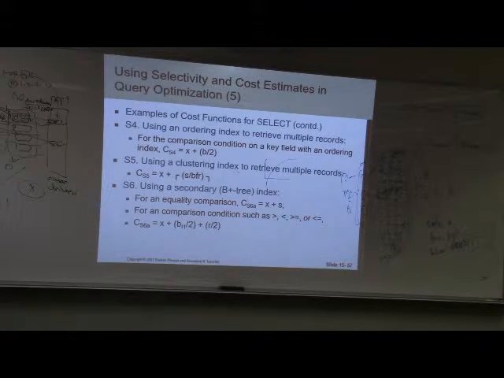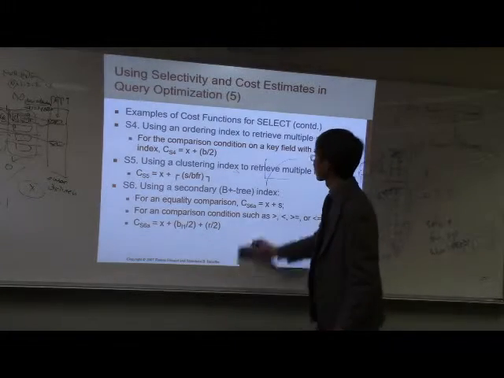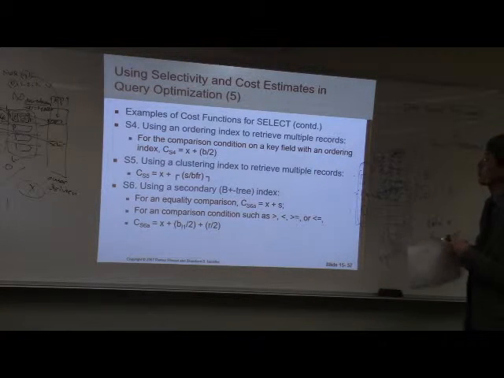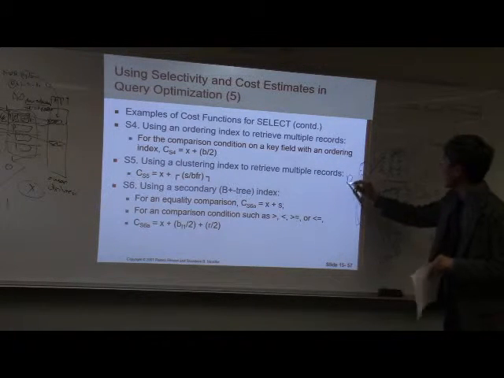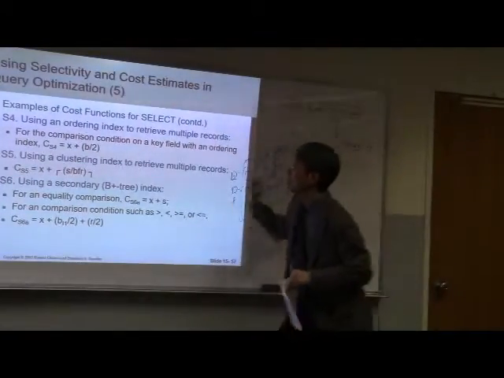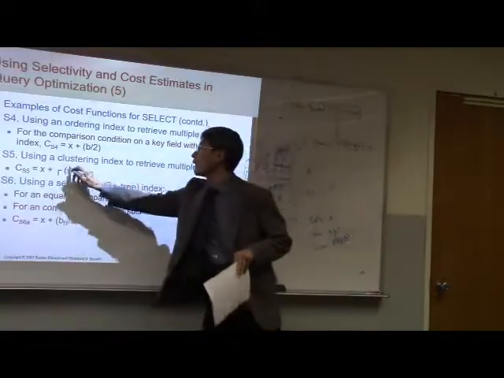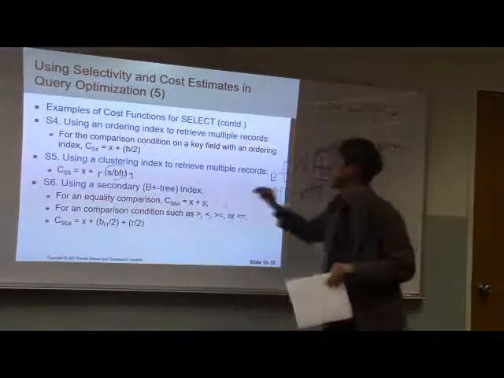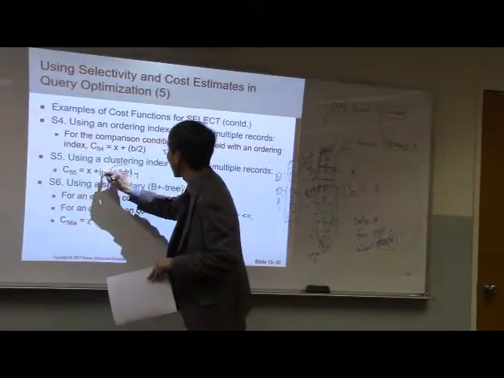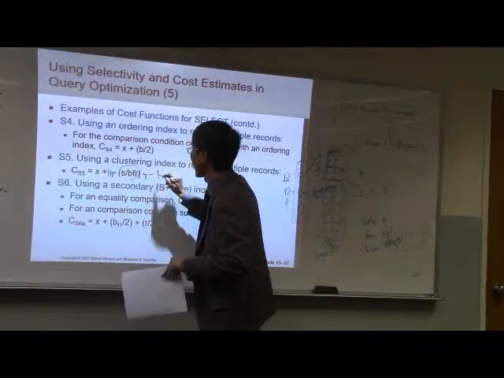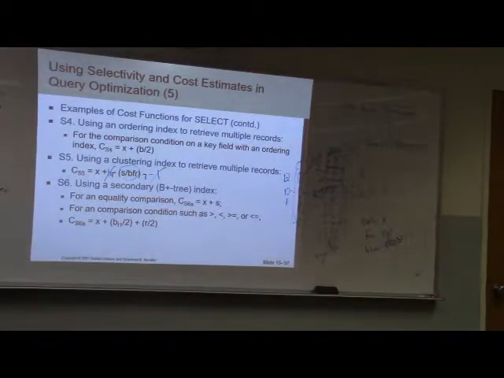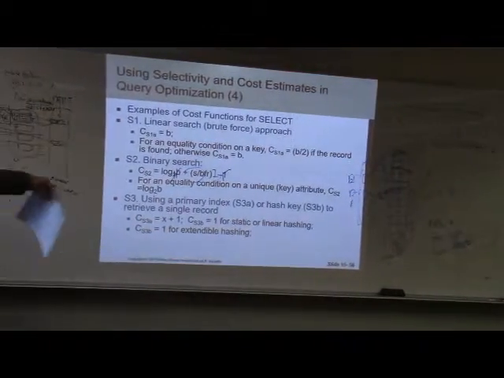The next, S5, is a clustering index. It's a DNO. So DNO is the index level plus the specific blocks, then how many of them? That is X plus 1 plus this minus 1. You have seen this example.